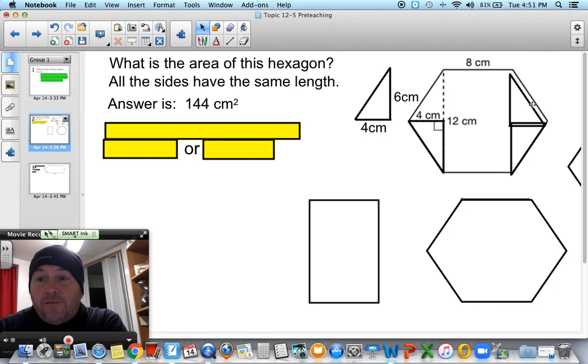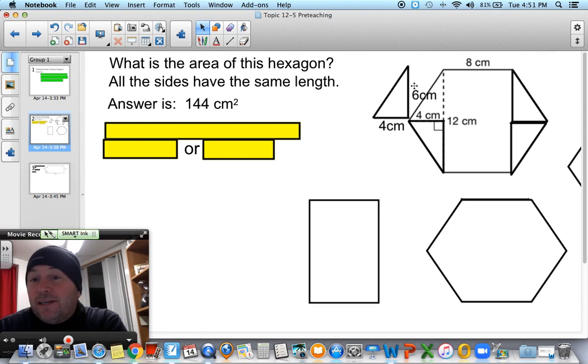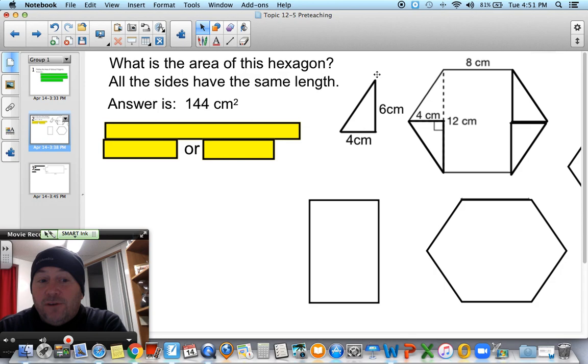Okay, so right off the bat, you can decompose this into 4 triangles, and each of those 4 triangles has a base of 4 and a height of 6. We know that it has 6 because if you look at the overall height, it's 12, and this is halfway, which means that its height is 6 centimeters, okay?